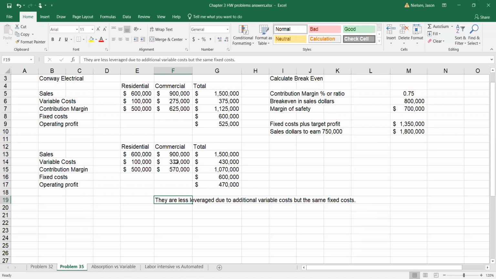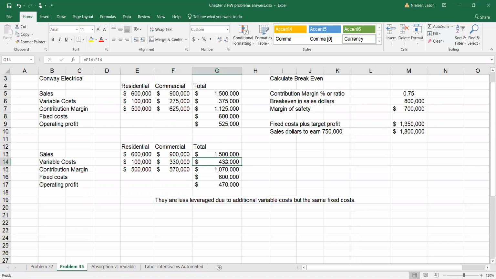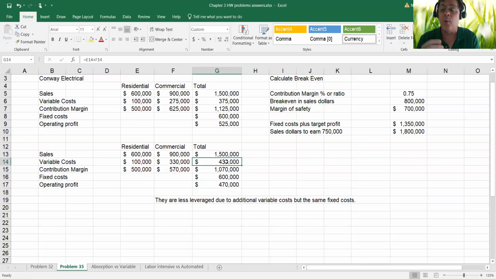I forgot what I did, but yeah. Well, never mind. If you did the multiply by 1.2 over on this total, then you're applying the 20% increase to both commercial and residential.